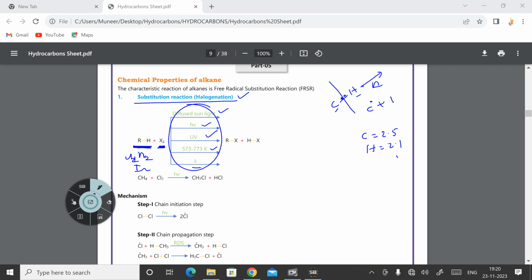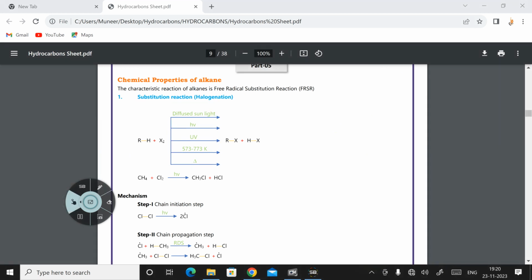As a result, free radicals are formed. This is a non-polar bond. Non-polar compounds undergo homolytic fission or heterolytic fission? Homolytic fission. As a result, free radicals are formed. These are called free radicals, isn't it? In the presence of heating or in the presence of sunlight. I already explained that point in the previous class.